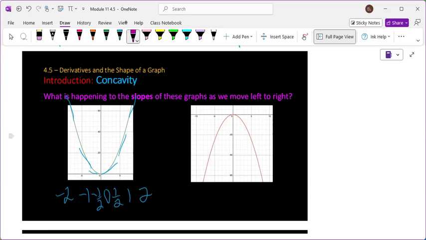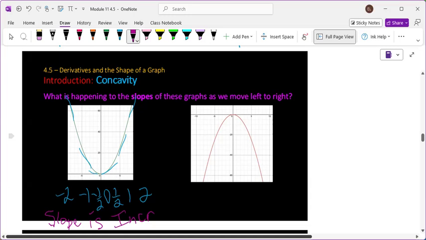So what happens to our slope for the entirety of that graph? Are the numbers increasing as we go from left to right or decreasing? Yep. They start at the negatives and then they go to the positives.